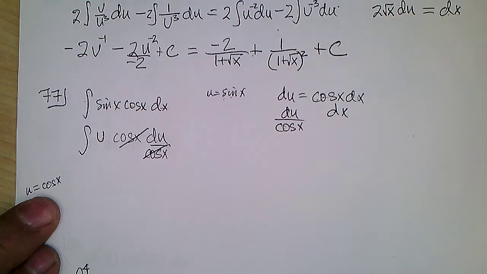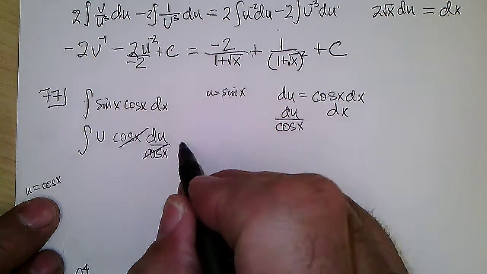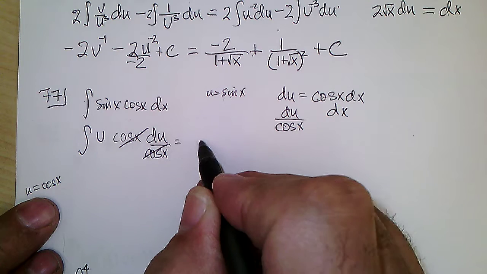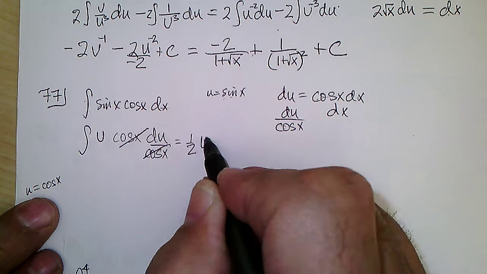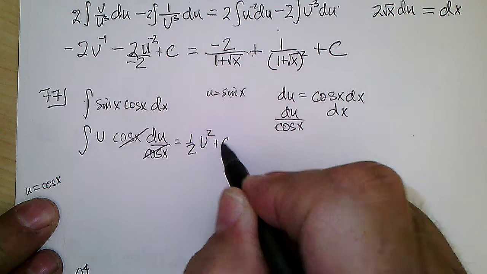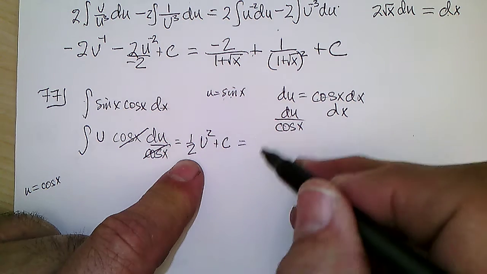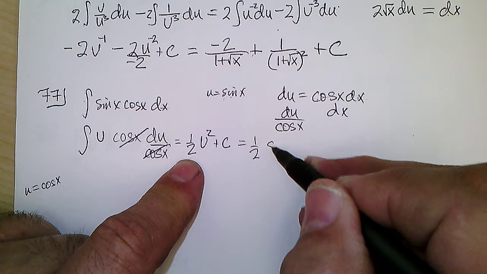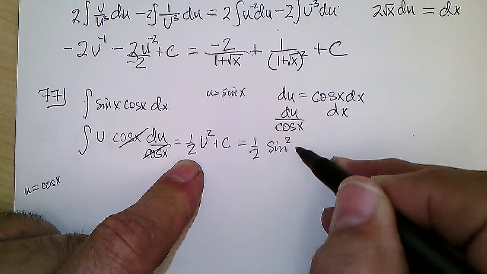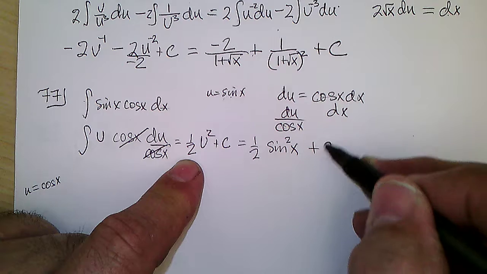And the integral of u is 1/2 u squared plus c. So this would be 1/2 sine squared x plus c.